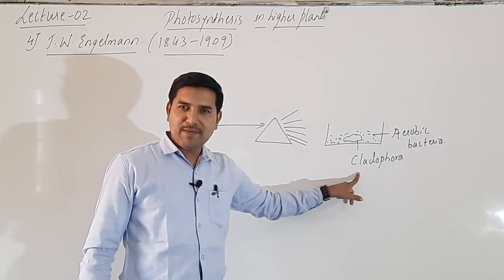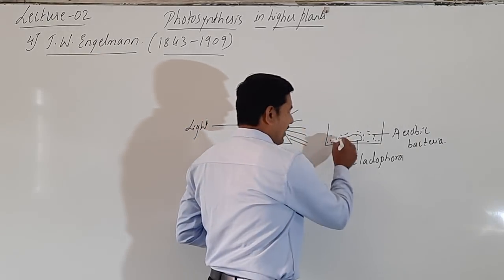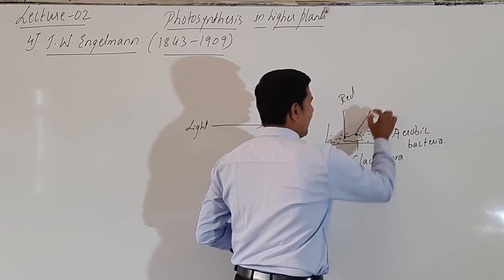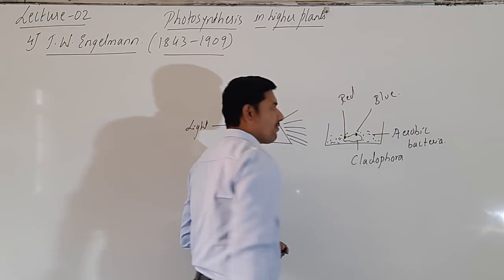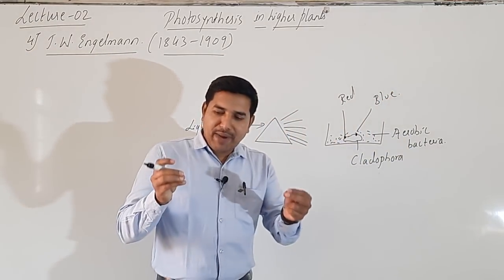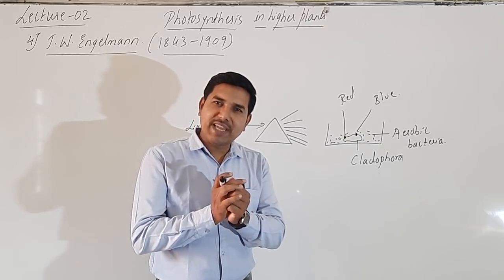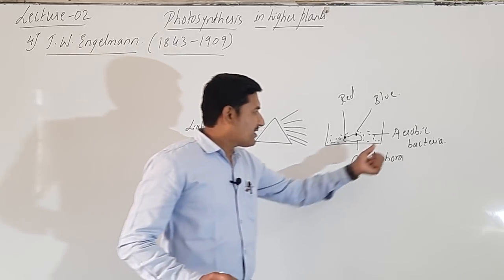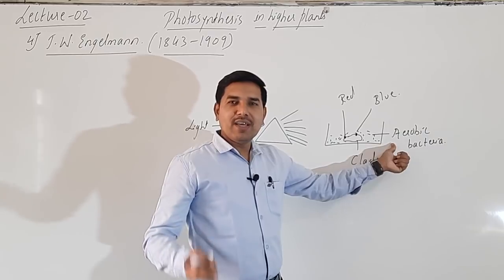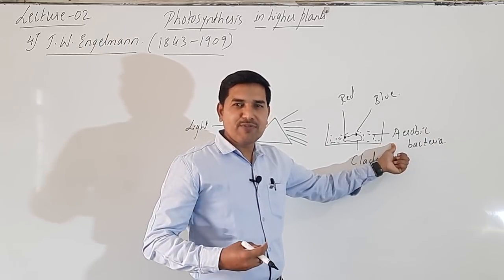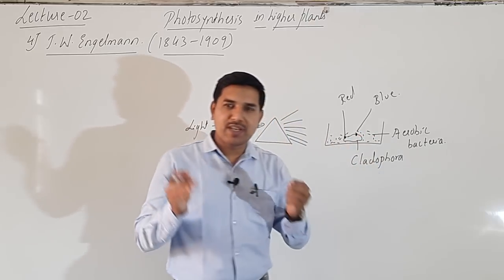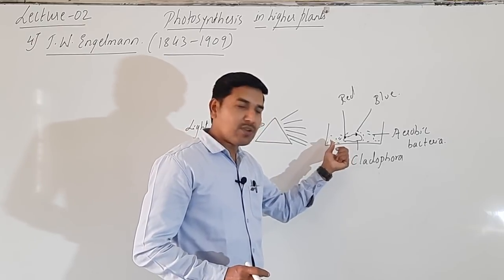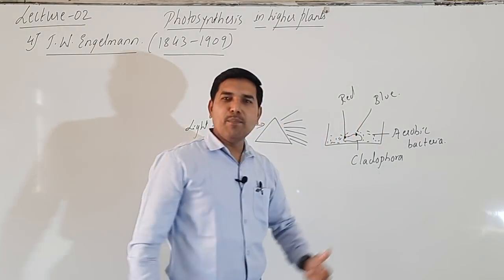At the wavelengths of red and blue light, the microbes accumulated there, because oxygen was being released from that point. As the microbes were aerobic, they respire and require oxygen for their survival, so they formed groups at the wavelengths of red light as well as blue light.